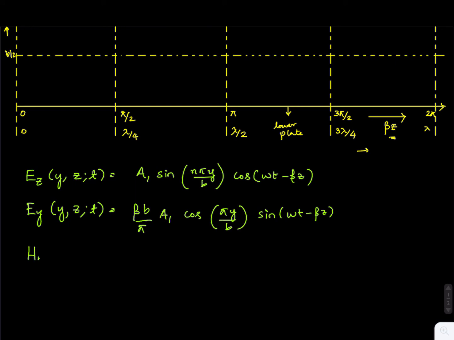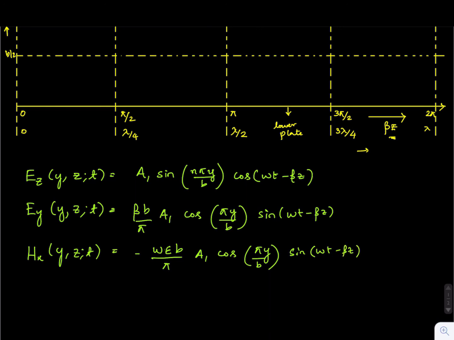And finally, we have Hx(y, z, t) equals minus omega epsilon b by pi a1 cos(pi y by b) sine(omega t minus beta z).